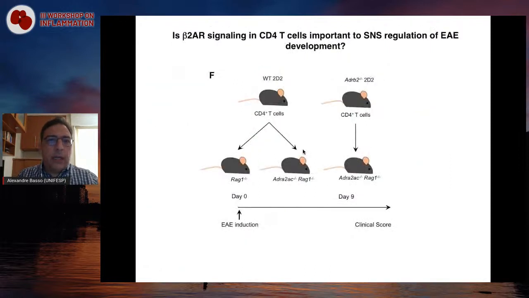So finally, we asked whether or not beta-2 signaling specifically in CD4 T cells would be important to the sympathetic nervous system regulation of EAE development.